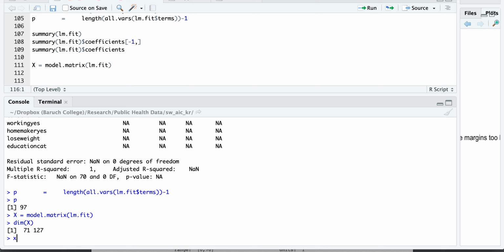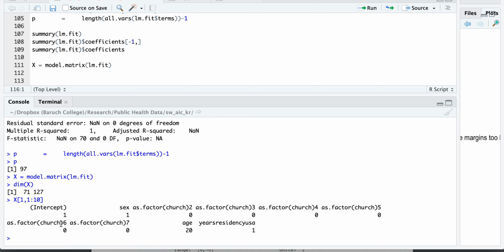So X, row 1, first 10. The first column is the intercept. Then we have sex. Then the third column is church as a categorical: category 2, category 3, category 4, 5, 6, 7.